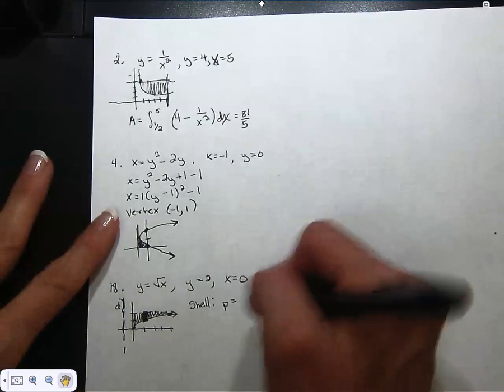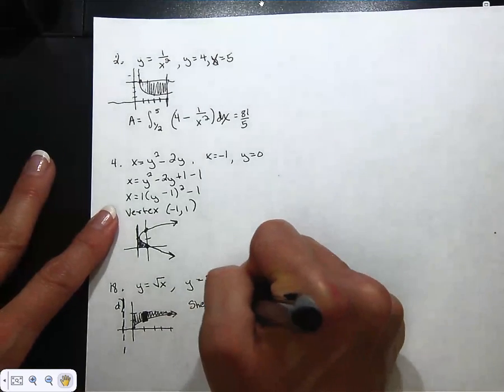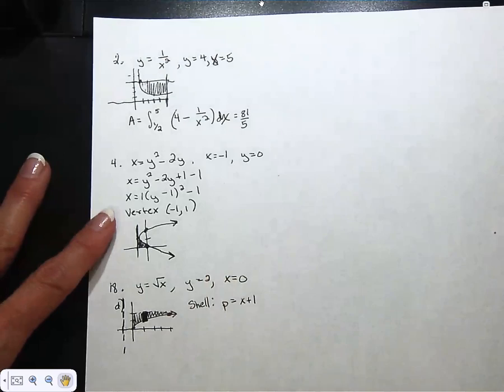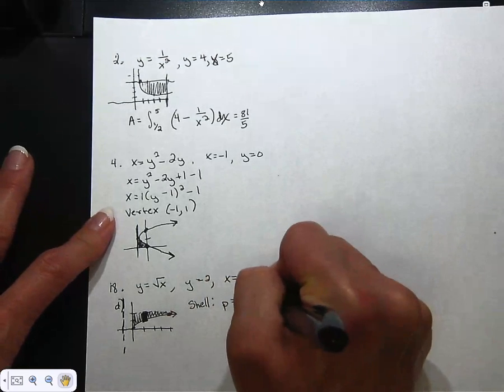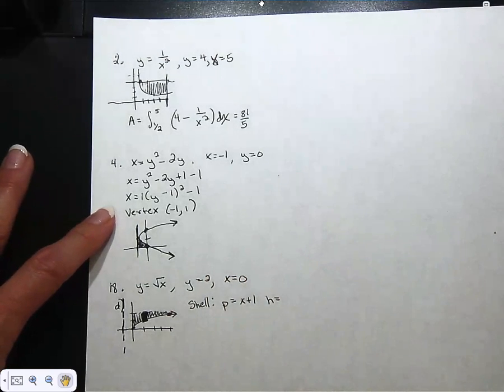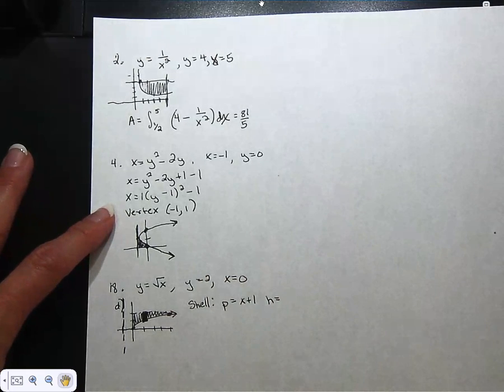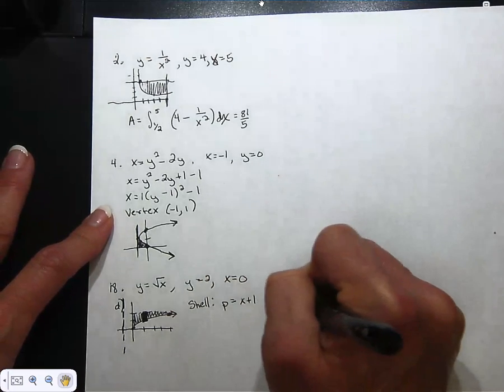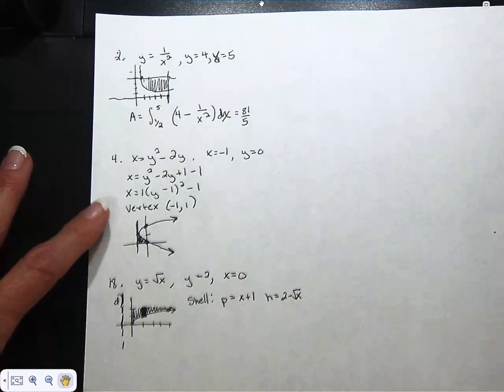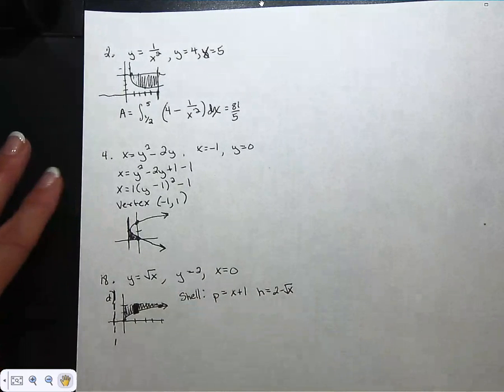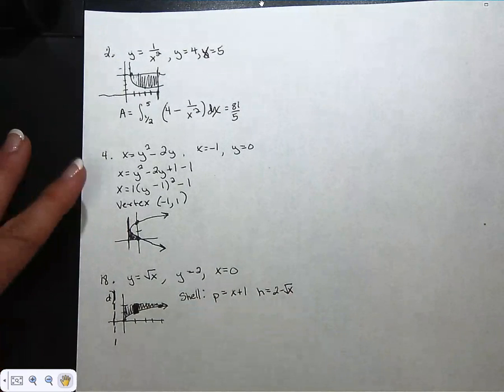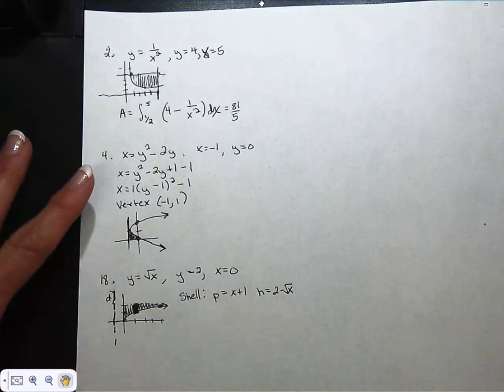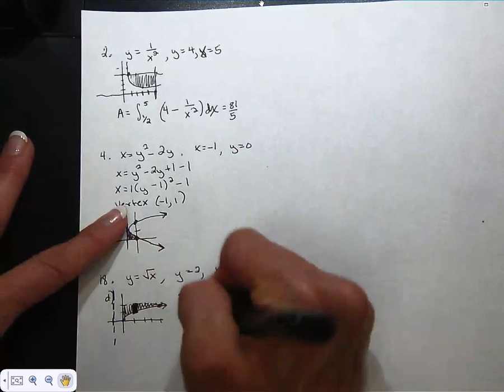Yeah, so that p would be x plus 1, and then the height of the rectangle would be, what did you have for that? 2 minus root x. That wouldn't be bad with a calculator doing the integration for you. It wouldn't be terrible to do by hand.